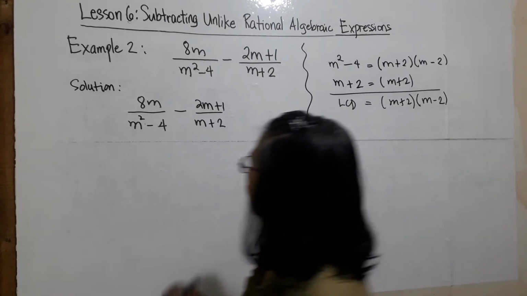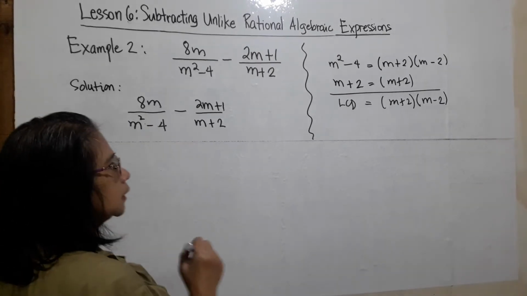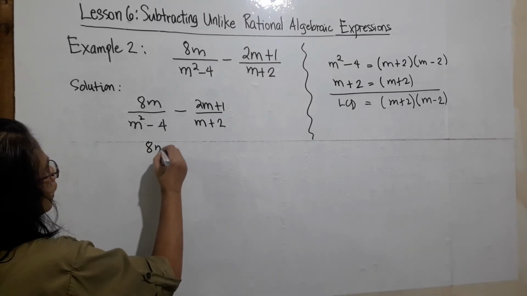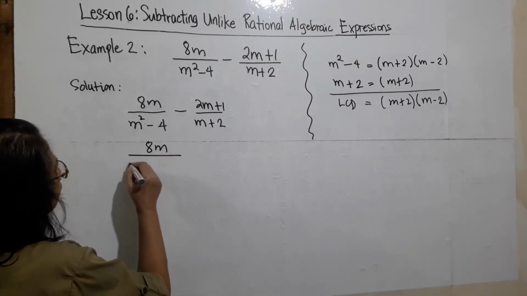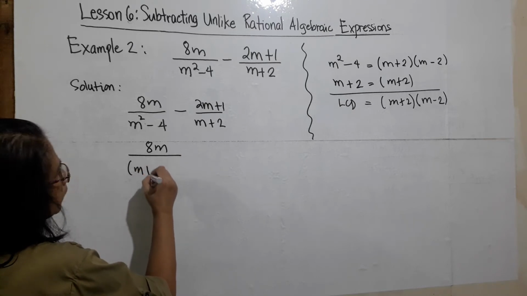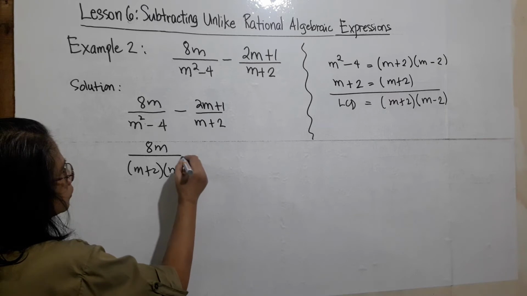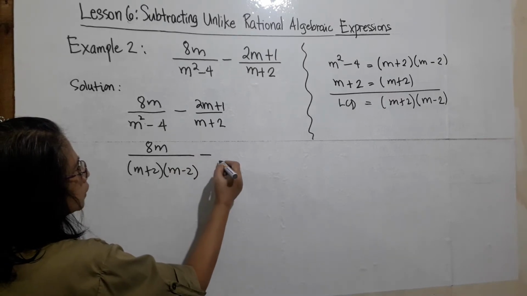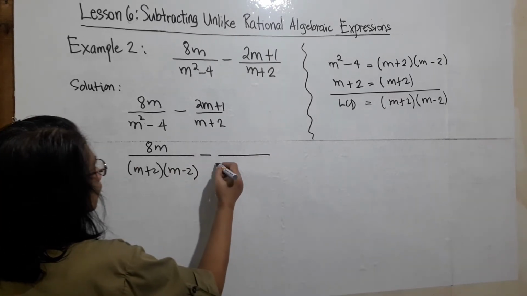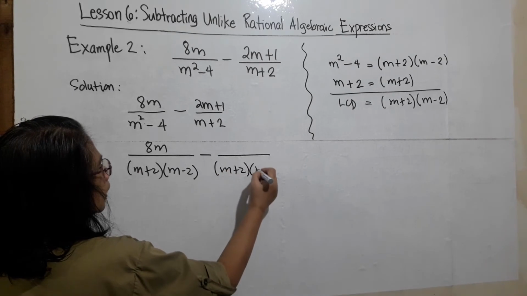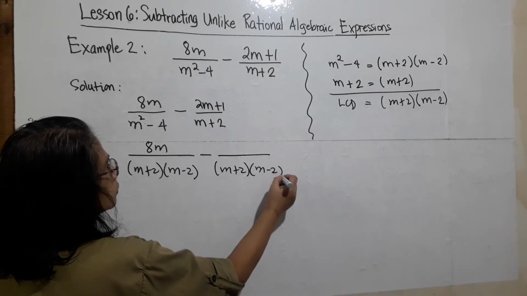So we will now use the LCD as the new denominator. We have now 8m over m plus 2 times m minus 2, minus, LCD m plus 2 times m minus 2.